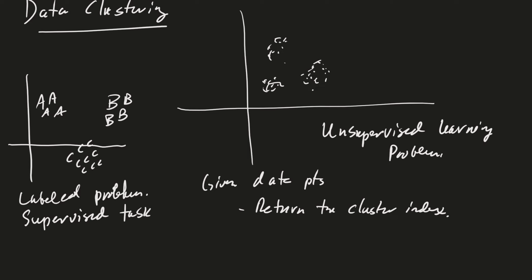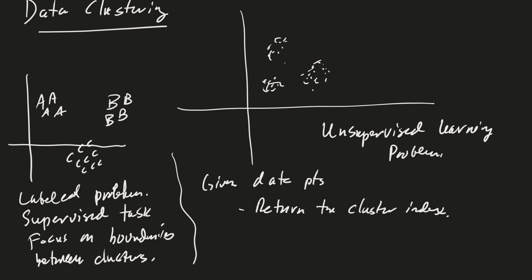Because we already know class membership, we're trying to figure out the boundaries between clusters. So in this case, we focus on the boundaries between clusters rather than building the clusters themselves.